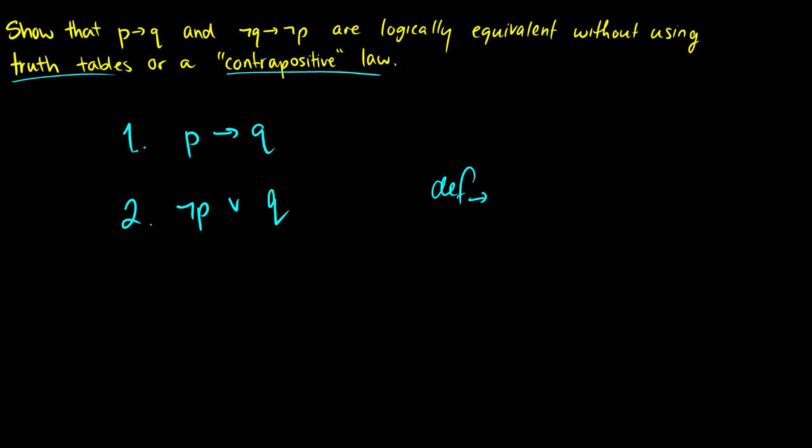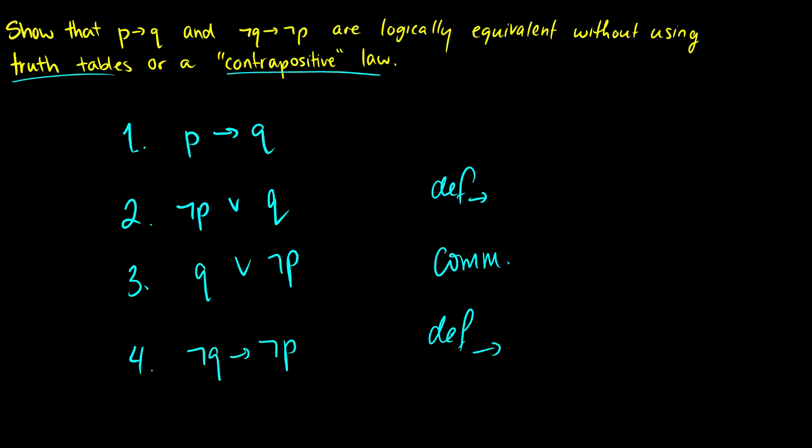Okay, so now for the third, I'm going to use the commutative law to switch the order of these. So this would be Q or not P. Then for the fourth, I'm going to use the definition of the arrow yet again, and we'll switch this into not Q arrow not P. If I was being really rigorous, I would introduce double negation here, but we'll just take it for granted.